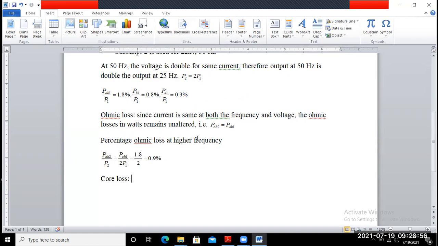So voltage is dependent on the frequency and maximum flux density, so this loss changes.